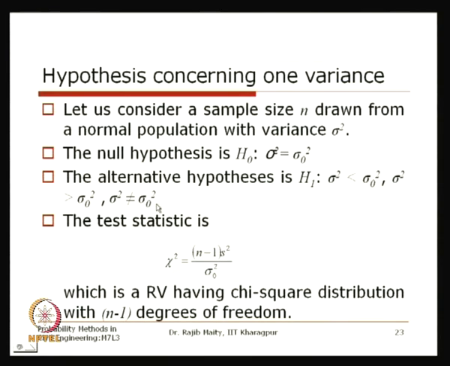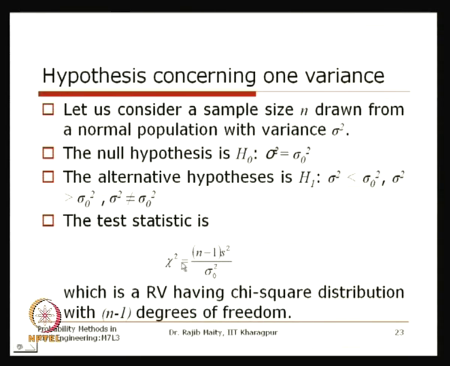And in our last lecture, when we were doing the sampling distribution, we have also seen that n minus 1, where n is the sample size, times the sample variance divided by sigma naught square, this ratio follows a chi-square distribution.